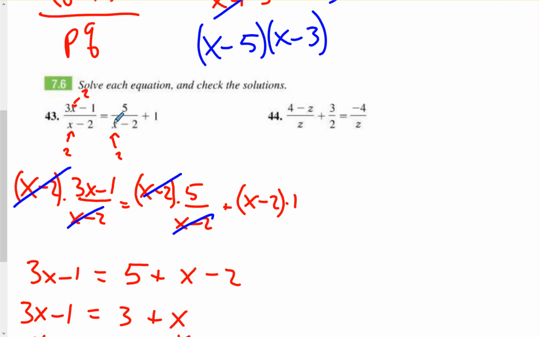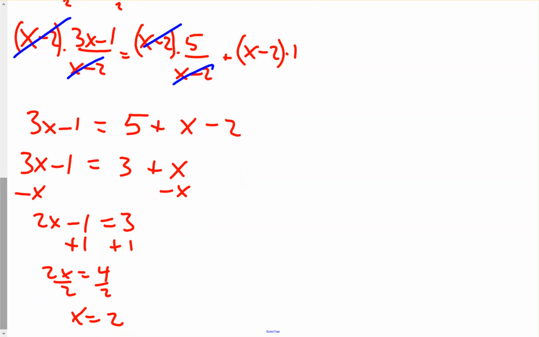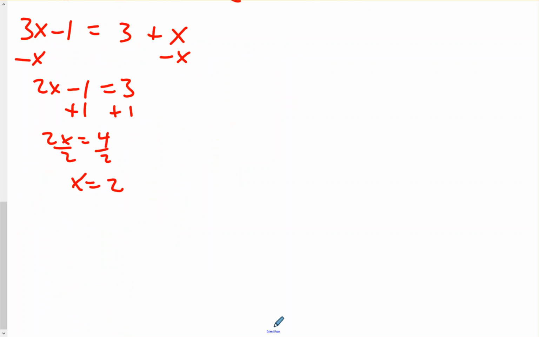Okay, we get undefined fractions. So when that happens, you get an undefined. Okay, so this would be an extraneous solution. Even though you got x equals 2, when you plug in, you get an undefined. So this would be a no solution or empty set.